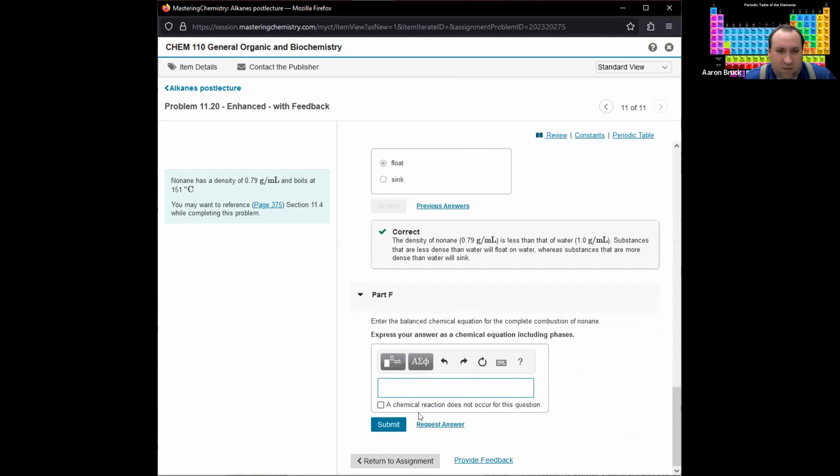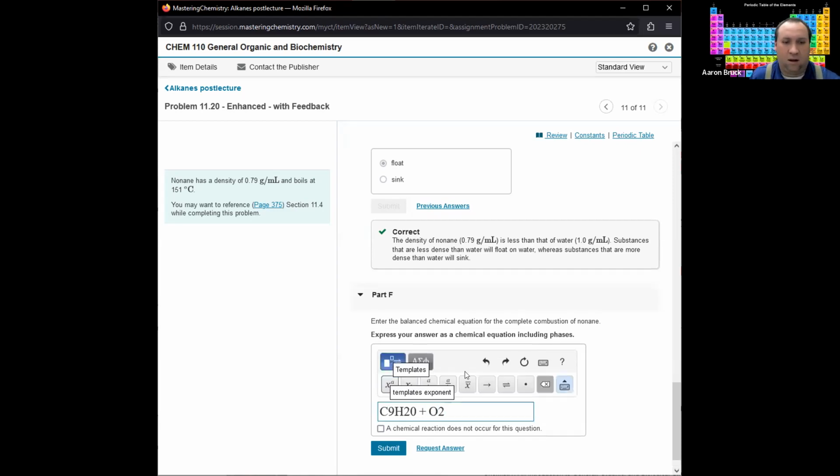What is the balanced chemical equation? Well, this is what we're talking about. They want C9H20 plus oxygen makes CO2 and H2O.